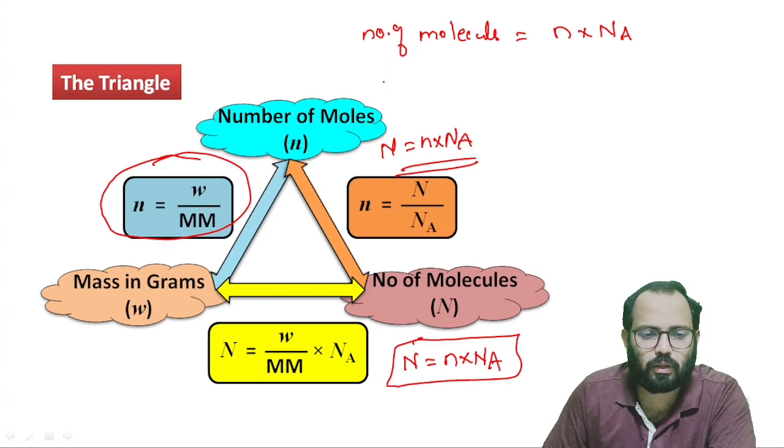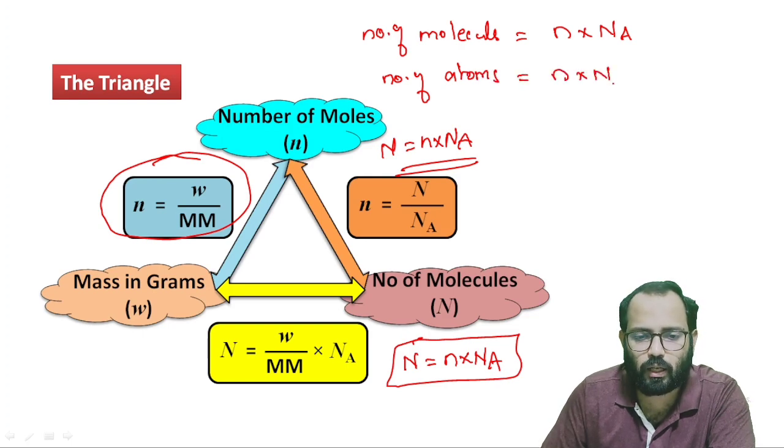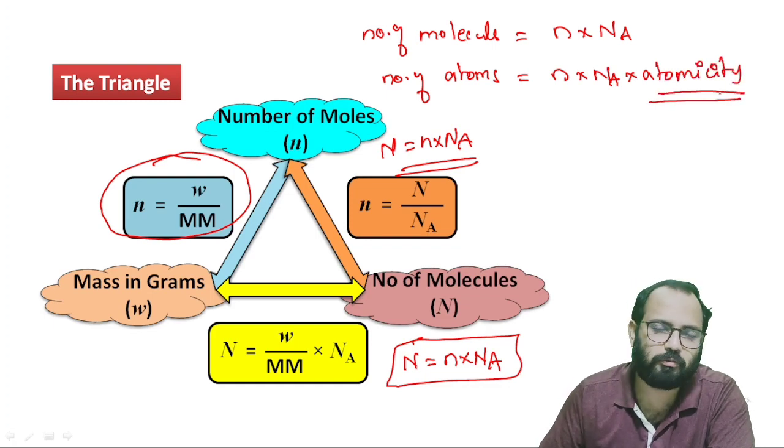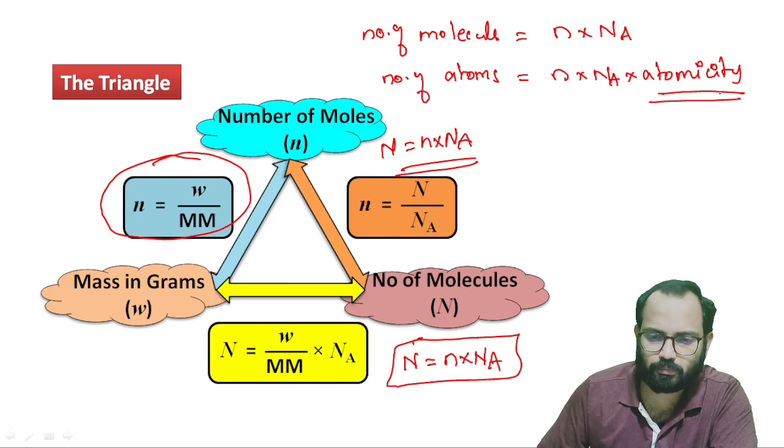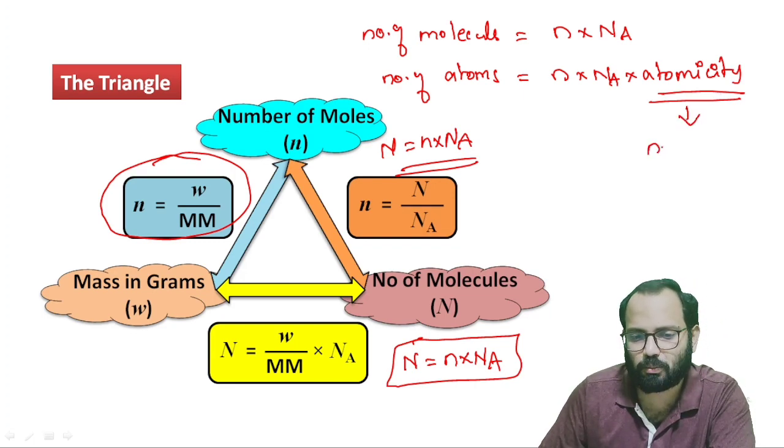If you want to find the number of atoms, we have to use the equation n into Na into atomicity. We have seen this equation. What do we mean by atomicity? Atomicity is nothing but the number of atoms in a molecule.